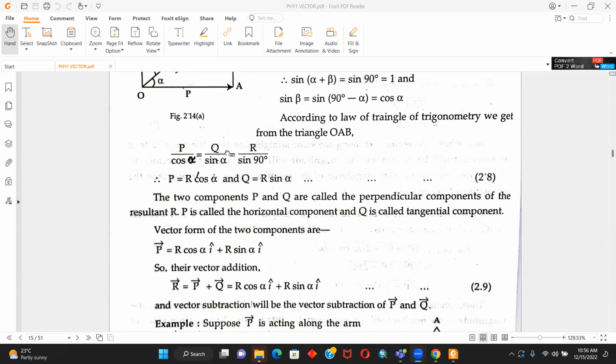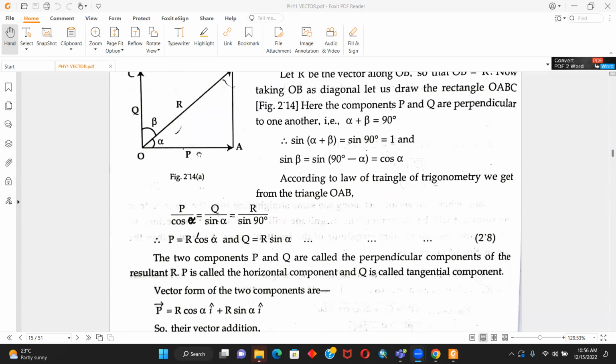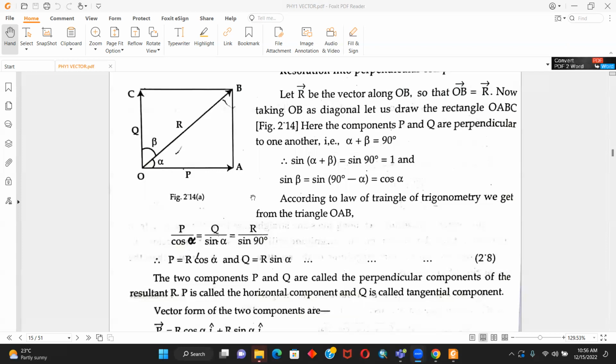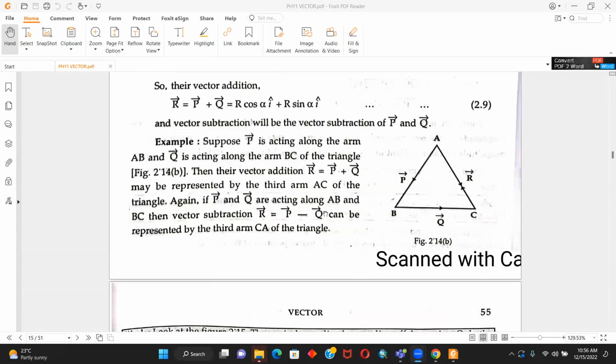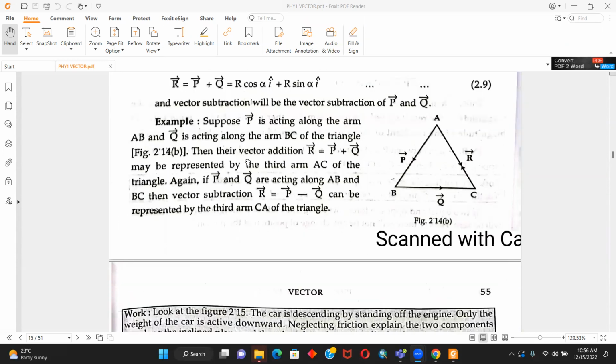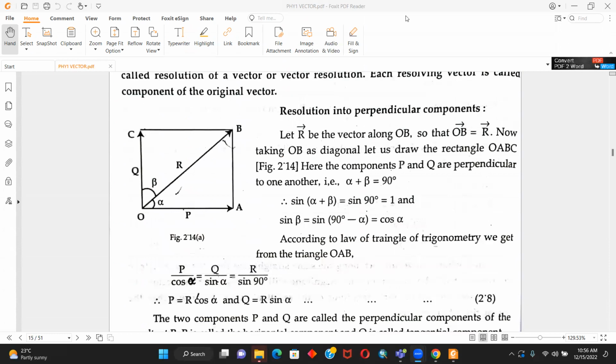And what will be the angle? Angle would be between the x-axis and the vector. It's not about hating the y-axis. See, even if you, actually, it will make you confused.